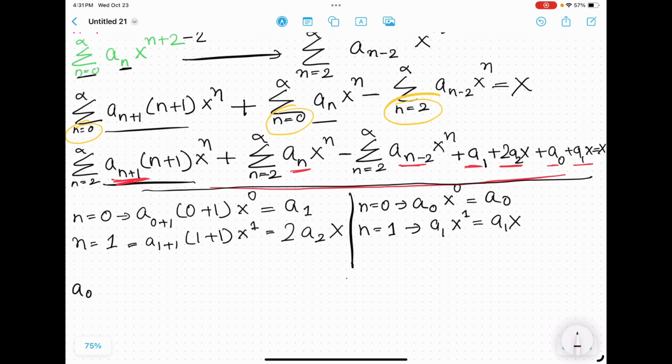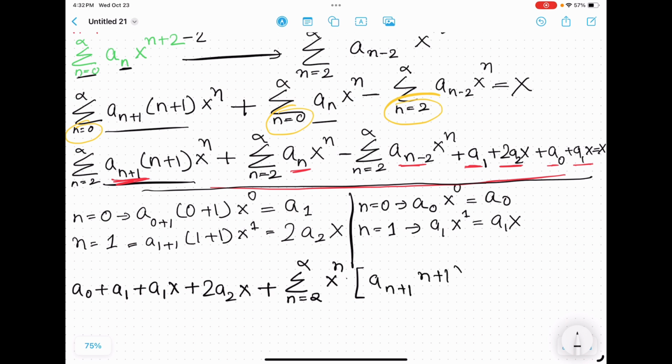So I have a sub 0 plus a sub 1 plus a sub 1 x plus 2a sub 2 x plus, combining all these three power series, I have the summation from n equals 2 to infinity, taking out x to the power n as common, of a sub n plus 1 times n plus 1, plus a sub n minus a sub n minus 2, and then equals x.